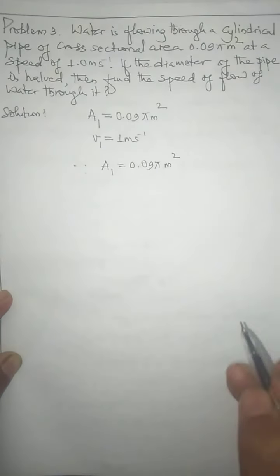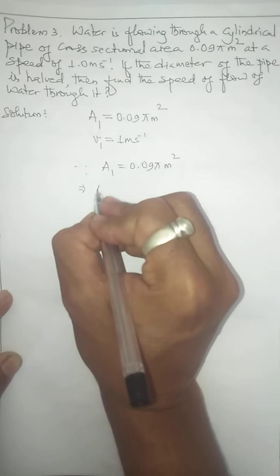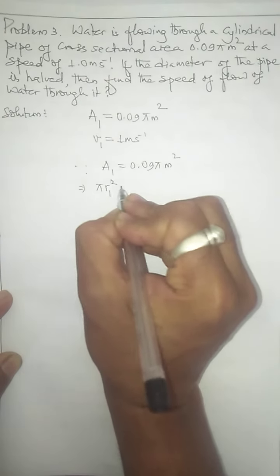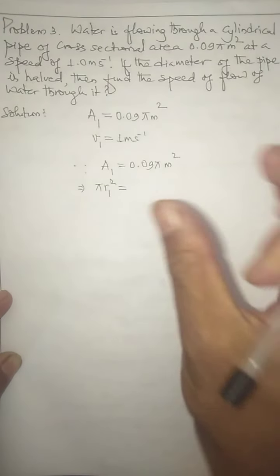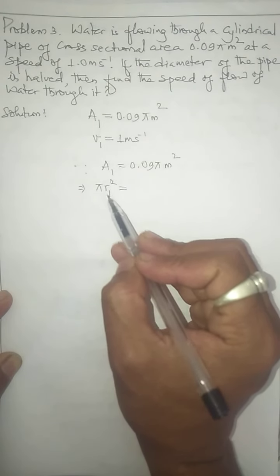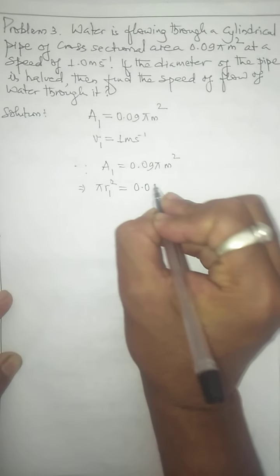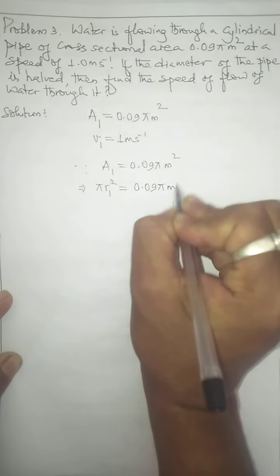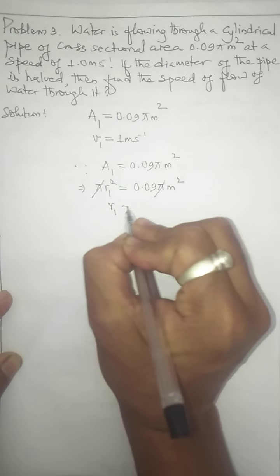This is the area which is given, but the cross-section area of the cylinder is basically the area of a circle, and that is given by pi r1 square, where r1 is the radius. So pi r1 square equals 0.09 pi meter square. The pi and pi cancel out. Now we can calculate r1.